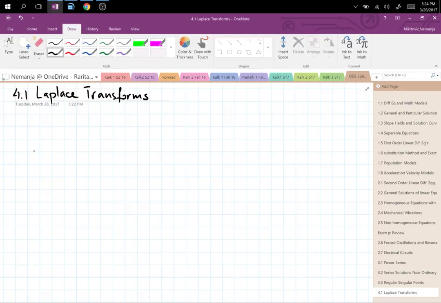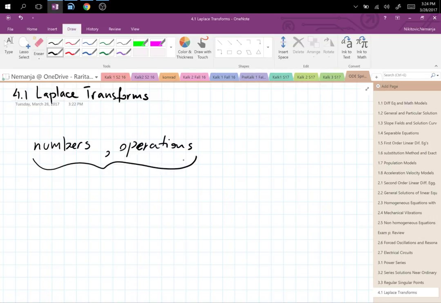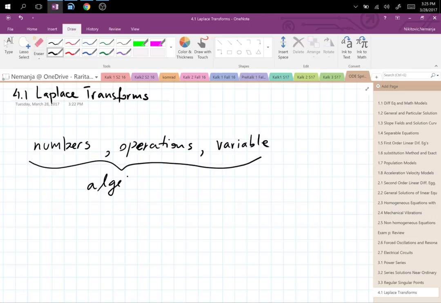So we start with numbers. Then we add operations. And the unity of those will give us algebra. Well, sorry, and variables. And then the unity of those will give us algebra.